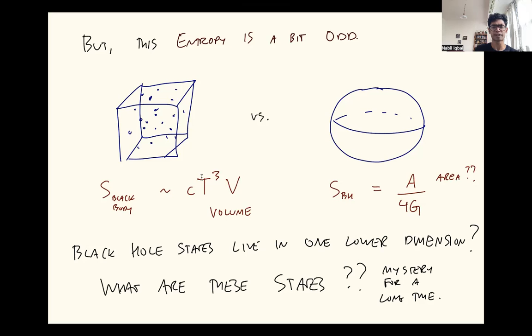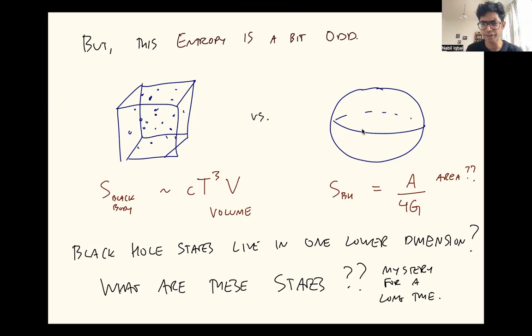It goes like the volume, and there are some factors of temperature and so on. But the fact that it goes like the volume is really a very basic idea. It has to do with the way you think about spatial locality inside the box. It goes like the volume basically because the particles can move in a volume, or said in a slightly different way, at each point in space, there are a couple of different things that could happen. And that's why the entropy goes like the volume of the box.